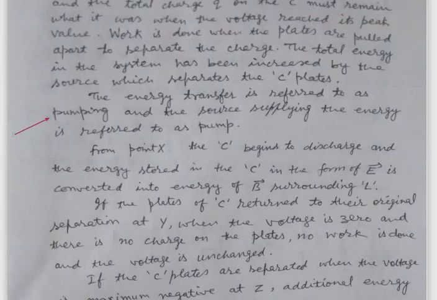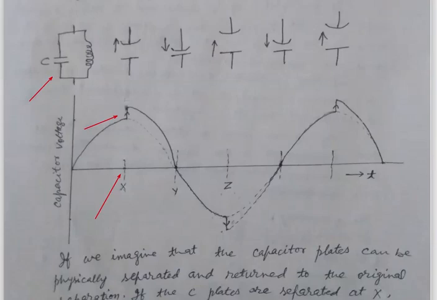Now when the plates come to their original separation at the point Y in the figure, when the voltage is 0, then there will be no charge on the plates and no work is done, and the voltage remains unchanged. This is shown at this point Y.